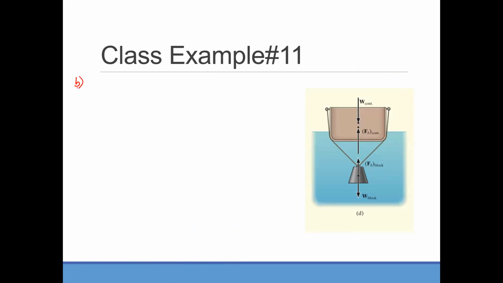This time, the block is actually outside of that container. Since we have two objects displacing the fluid, we will have two buoyant forces, and the weights will be the same again. So let's draw that displaced amount again.